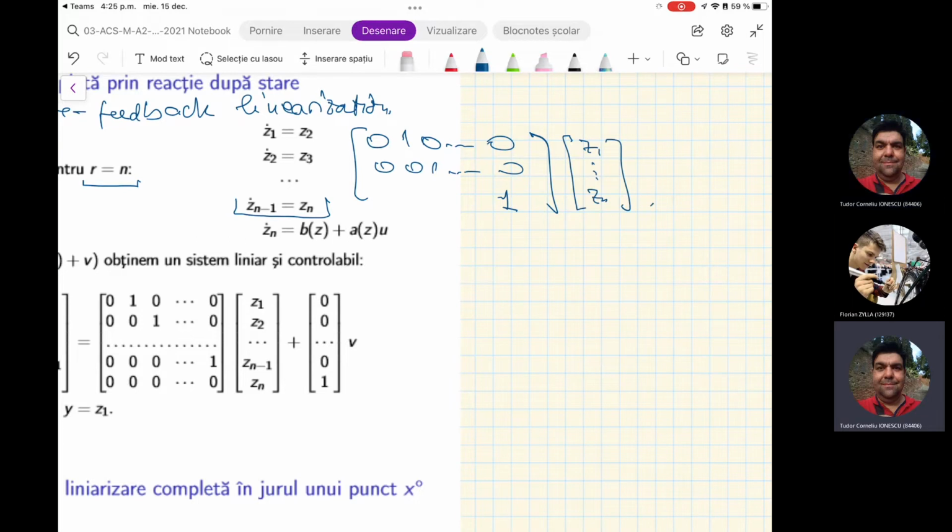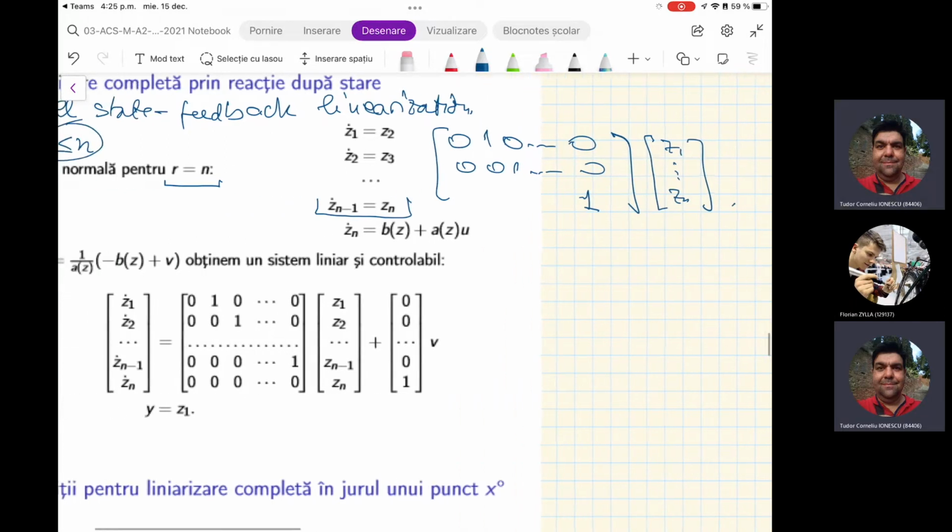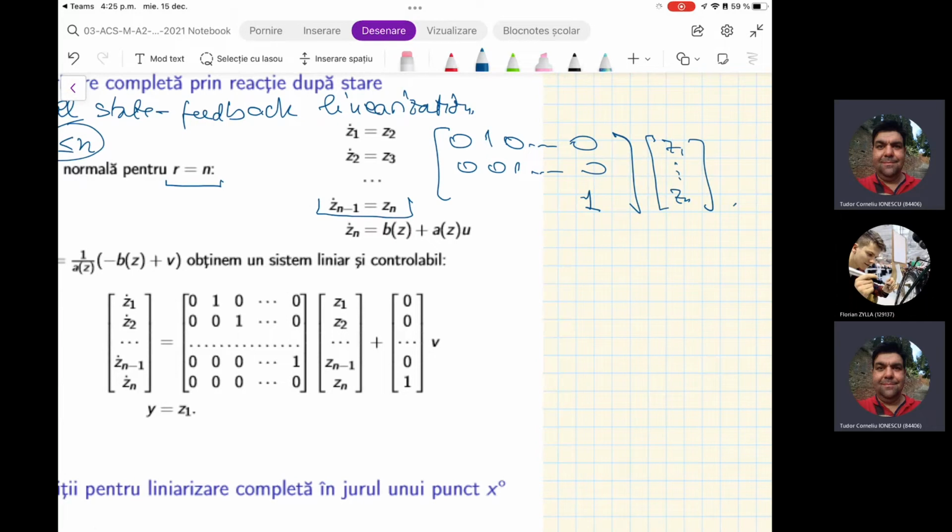So this can be written in this form. And then zn dot, this is an extra equation. The final equation is this one.